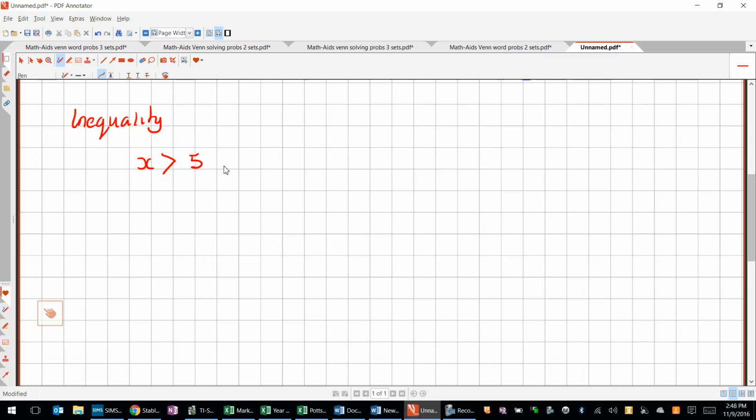How would I write this in words? X is greater than 5. Is it like when it's equal to, if the dot is filled in?